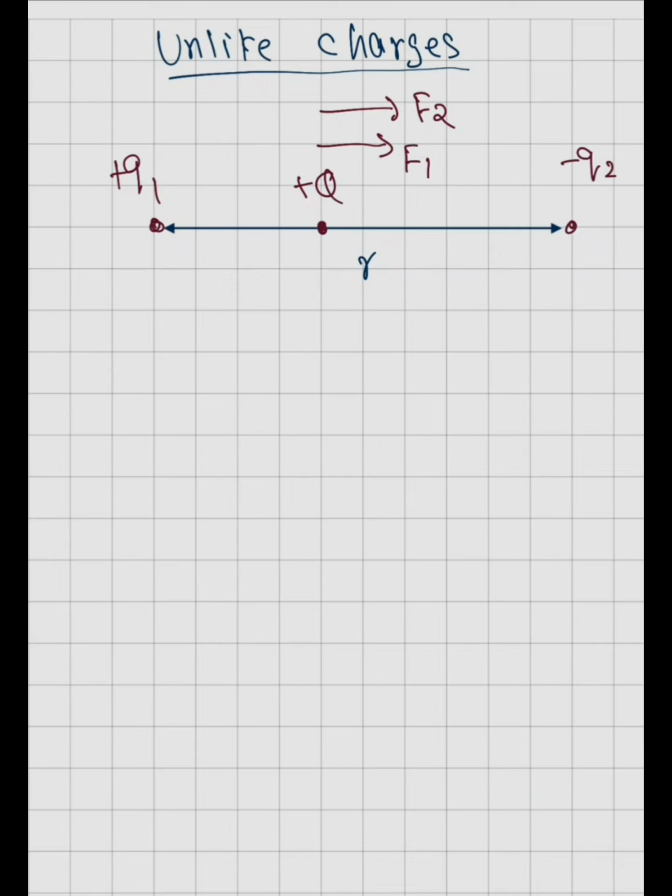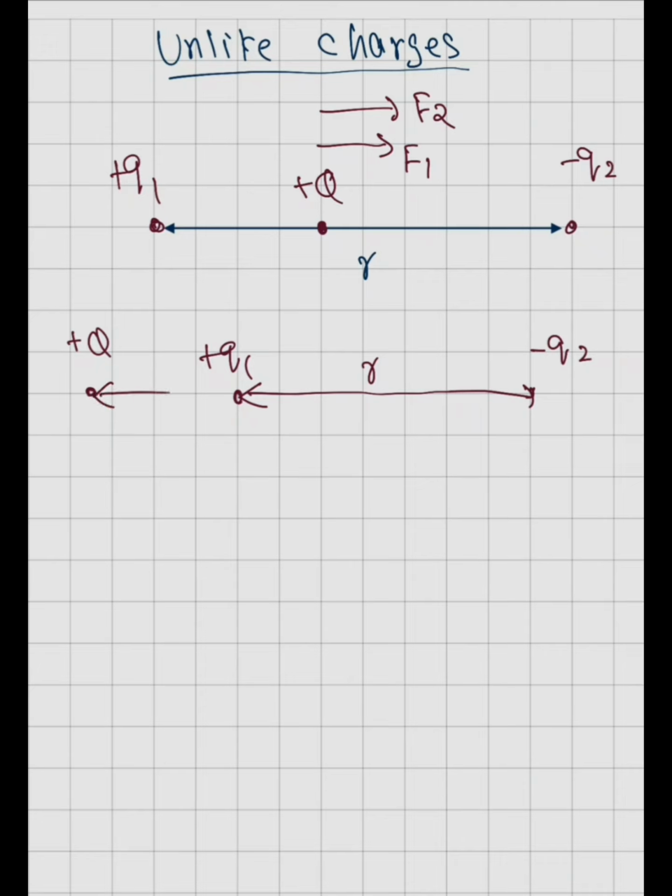So let's check. This is plus q1 and this is minus q2, and the distance of separation between them is r. Now I am placing a charge plus Q here, outside the system. I already told you that the magnitude of q1 is less than the magnitude of q2, so the null point will be formed near plus q1.